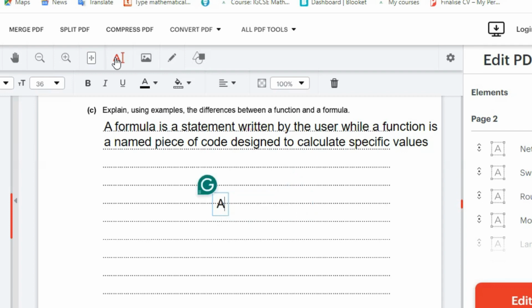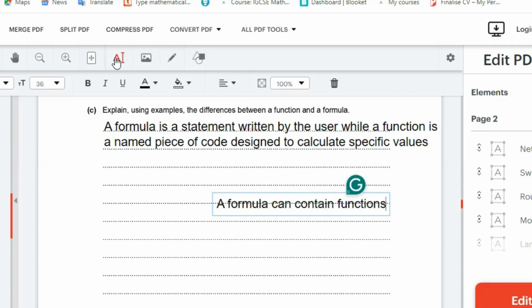A formula can contain functions, and not the other way around.